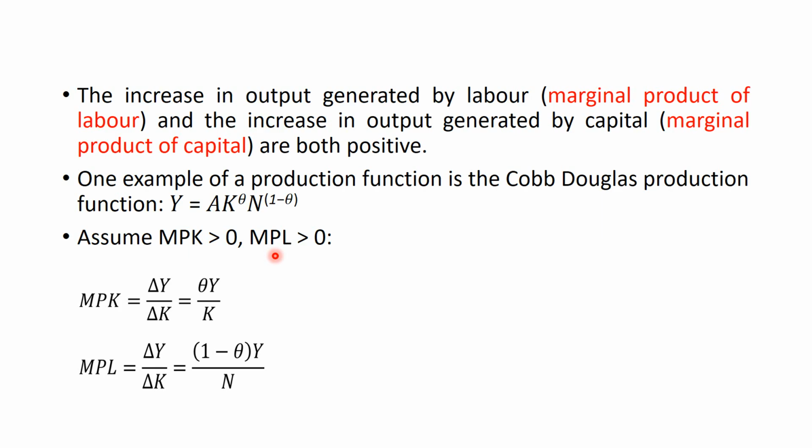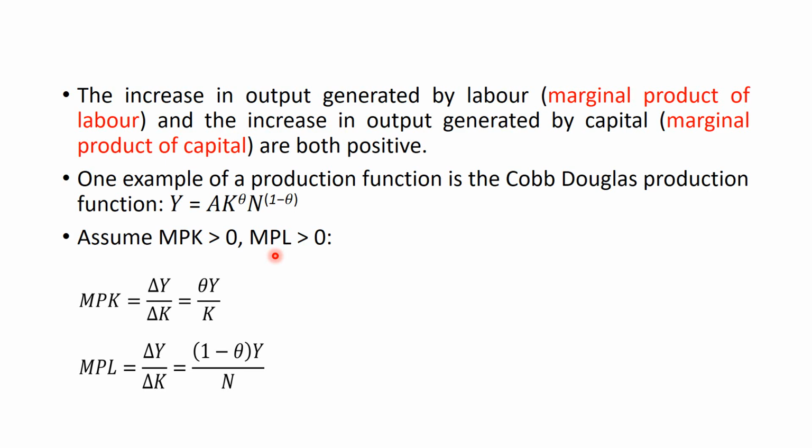Now this intuitively is a very important thing to have, because what it's suggesting is that there is this positive relationship between the amount of capital put in and the amount of labor put in, and then the amount of output which is being generated. We are essentially saying that there's a positive relationship between the amount of capital stock and output, as well as the amount of labor and output. So increasing capital stock and increasing labor will increase output.